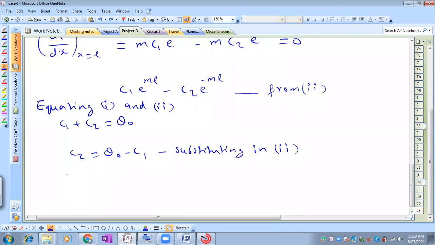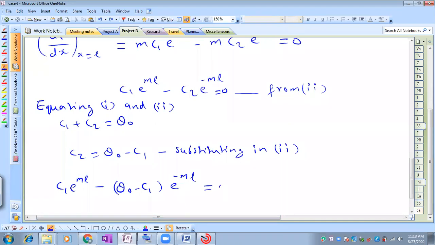So if I substitute in equation number 2, what is the second equation? C1 e raised to mL minus, instead of C2 we will write theta 0 minus C1 into e raised to minus mL is equal to 0.